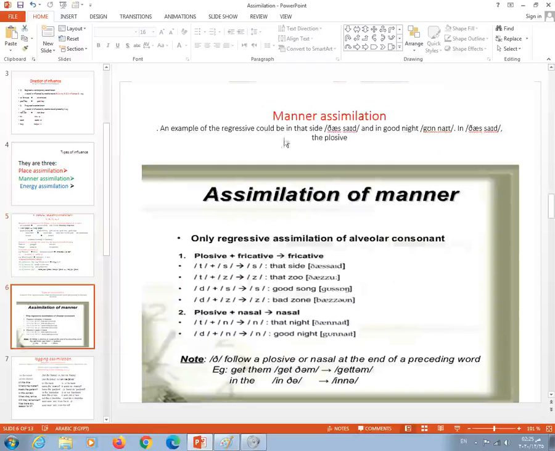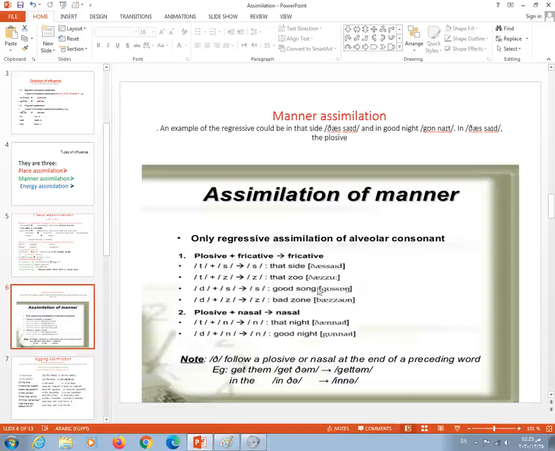It's called manner assimilation. And here we have sounds. Let's look at the examples. Only regressive assimilation. We can have, for example, T plus sa. We have T changed into a sa. For example, the side. Okay, the side. T and D become, and the becomes only the, for example, but we double it, by the way, and we make it long.